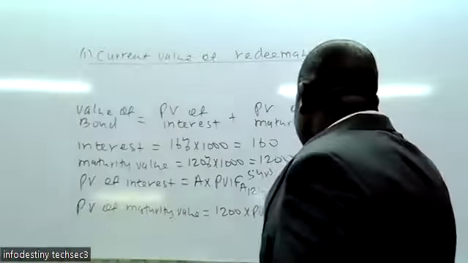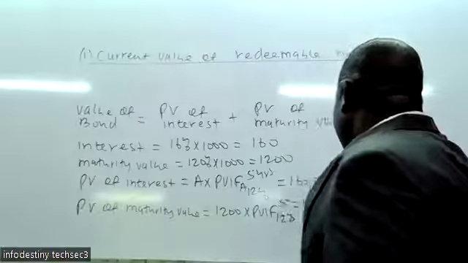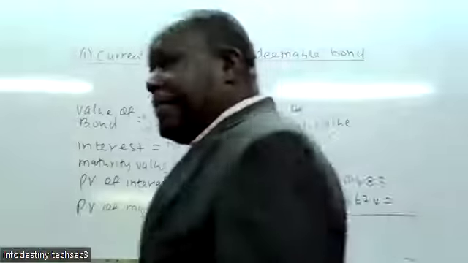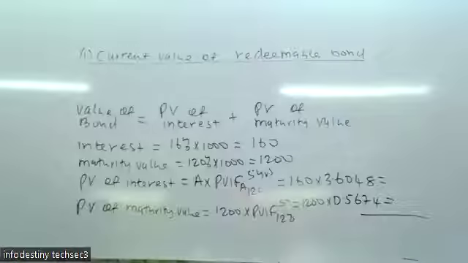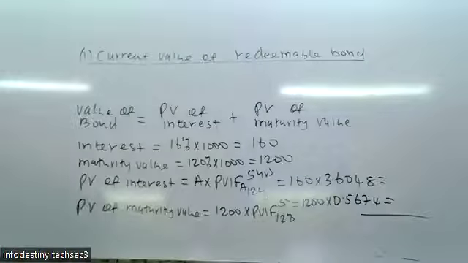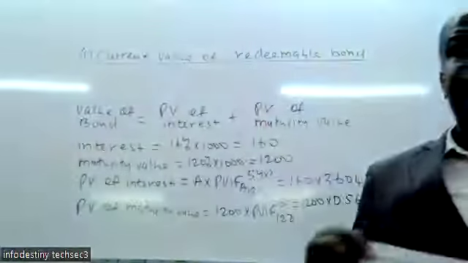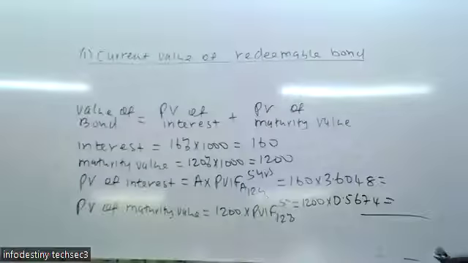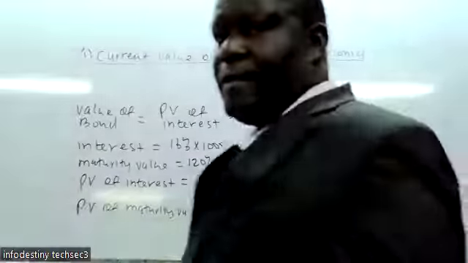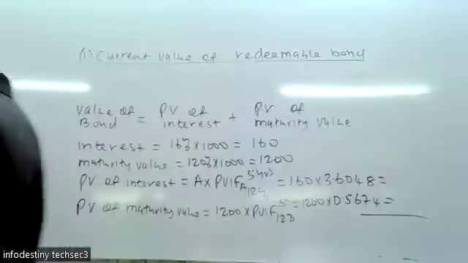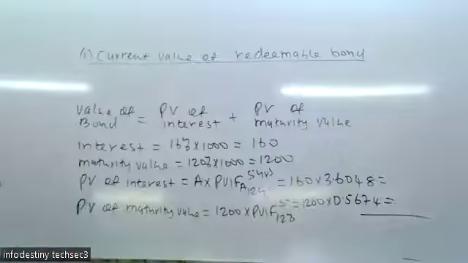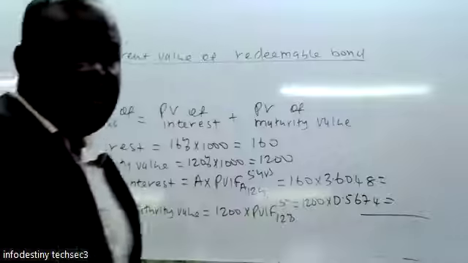What is the factor for 12% in year 5? 0.5674. When you add them together, it gives you the value of the redeemable bond. That should be your Roman letter 1.